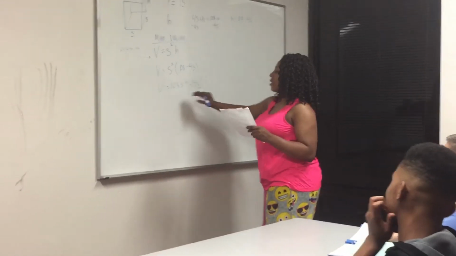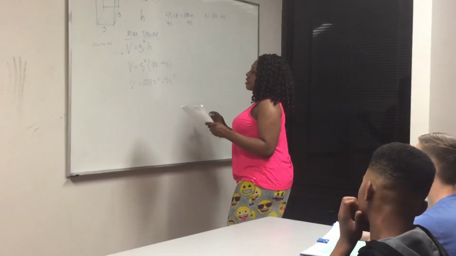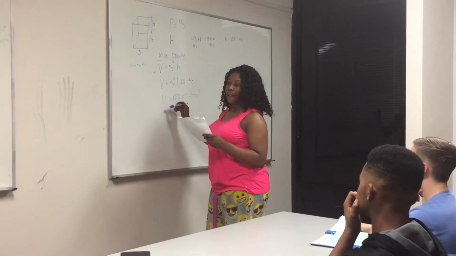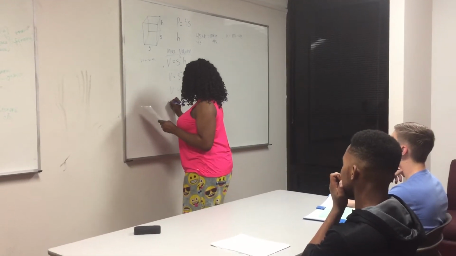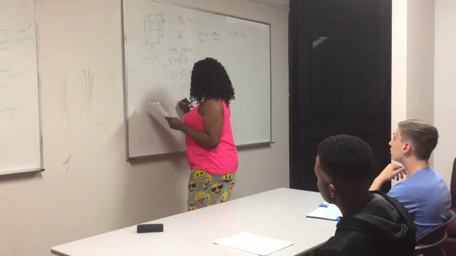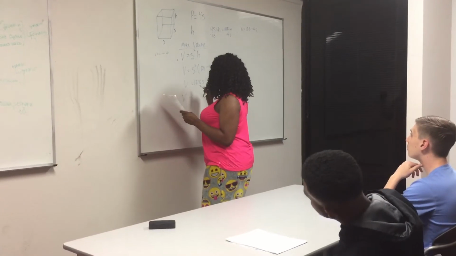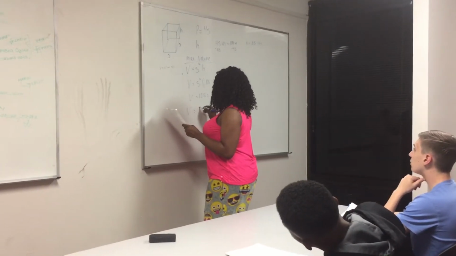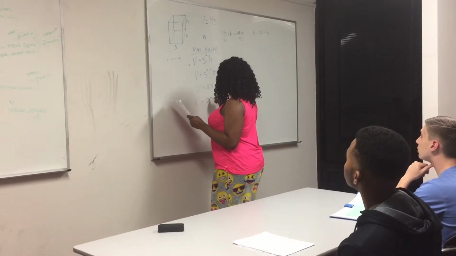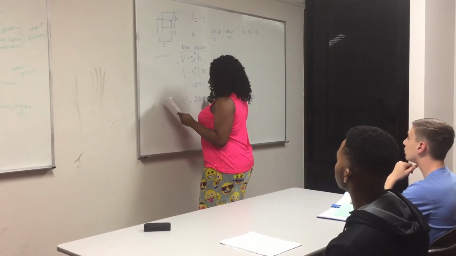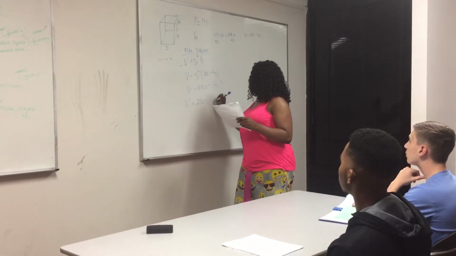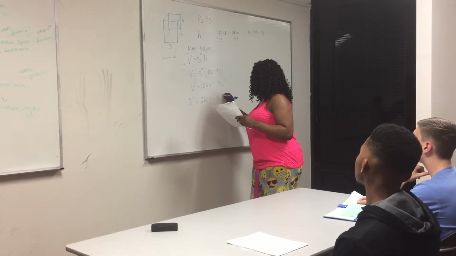Now we have our volume equation. What we need to do is find the derivative of V. The derivative of V is equal to 216S minus 12S squared.